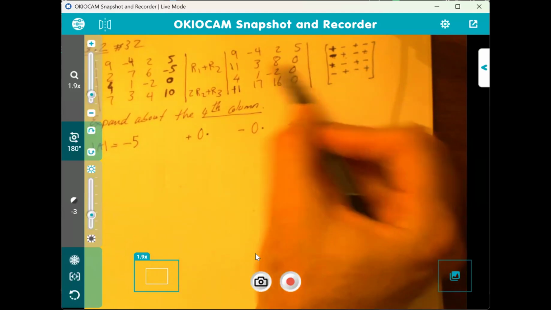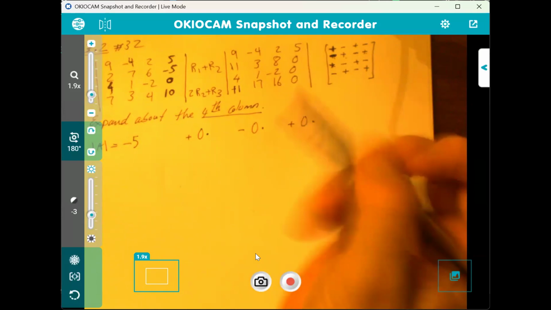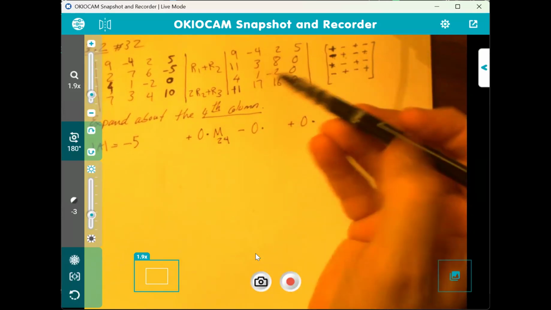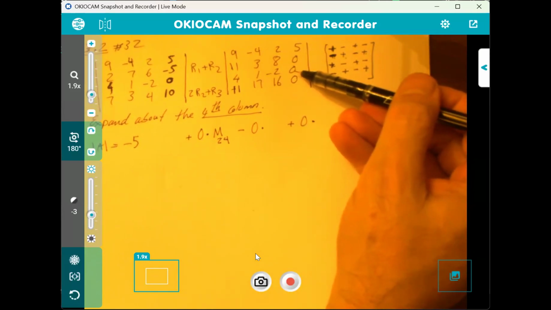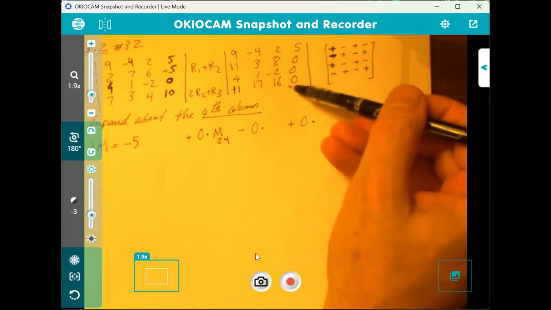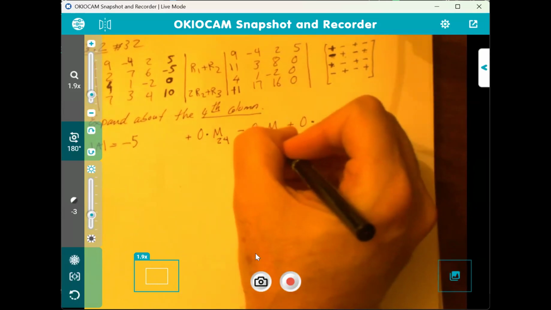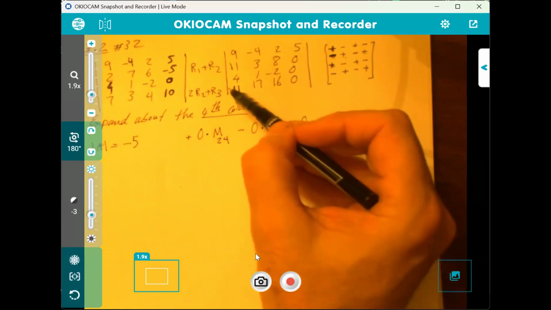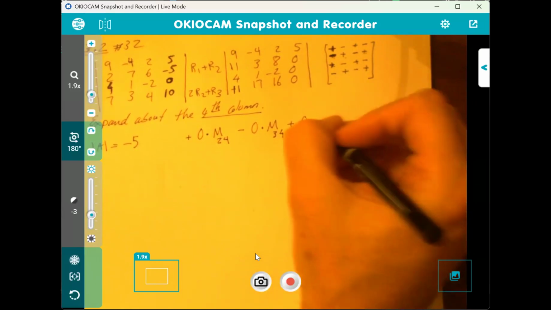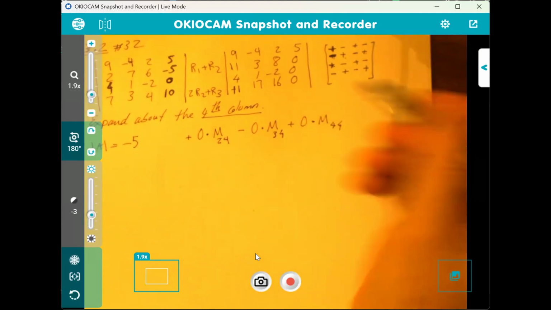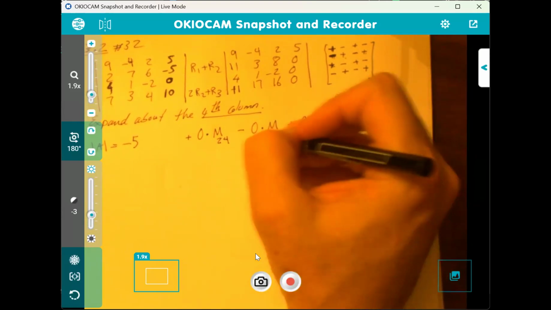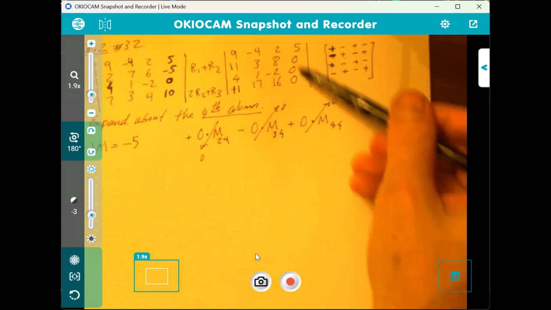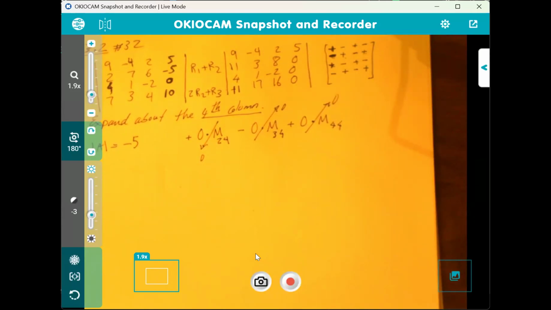So this 0 in the second row, fourth column, M2,4. The other 0 directly below it is in the third row, fourth column, M3,4. The last 0 is in the fourth row, fourth column. But I'm not going to figure these out. 0, 0, 0. That's why we want zeros there. Now you see the value of zeros.